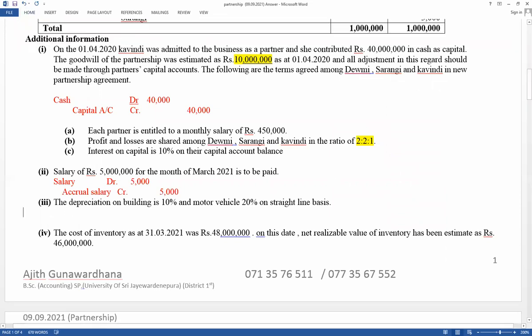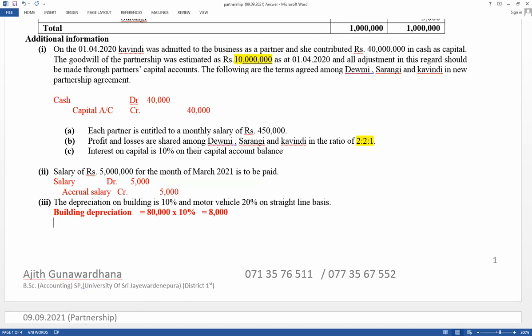Therefore, building depreciation. Building cost value equal 80,000. Based on that value 10%. Therefore, depreciation equal 8,000.